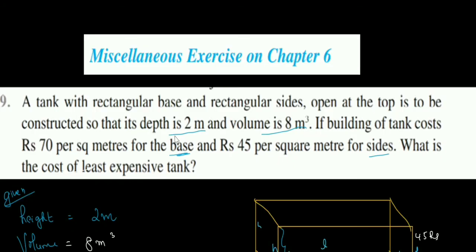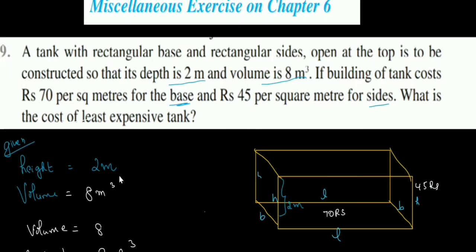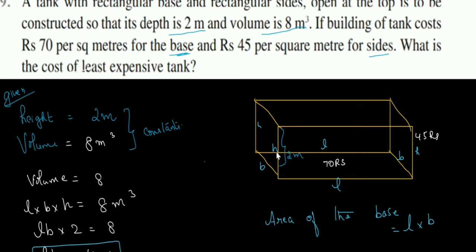What is given? Depth is 2 meter and the volume is 8 meter cube. These two are given, so both are constants. The cost of building the base is 70 rupees per square meter, and for building the sides, the cost is 45 rupees, which are also constants.